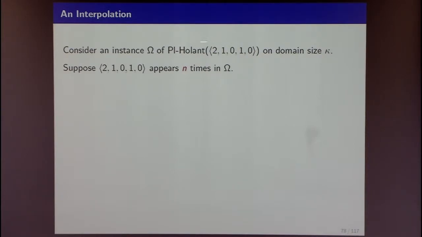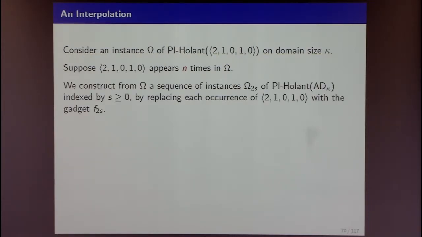And assume this problem, which is the Tutte problem, where this signature appears n times. And you would replace each one of those n times by the sequence of 2s, s is another independent parameter, of this gadget, which is made up of this edge coloring signature, all distinct.